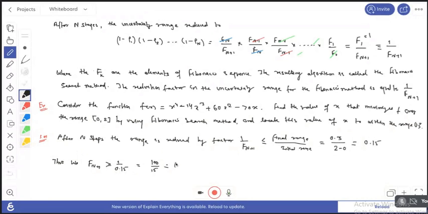Okay, and in the Fibonacci sequence, you see that F1 is 1, F2 is 2, F3 is 3, F4 is 5, F5 is 8. So these are the values, and here we find the values that are greater than that.